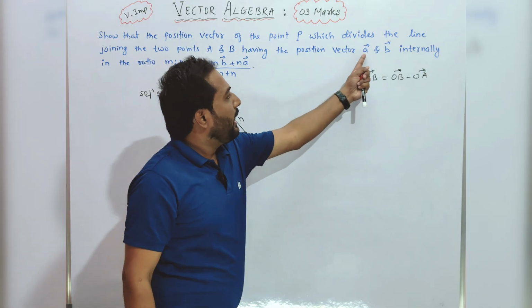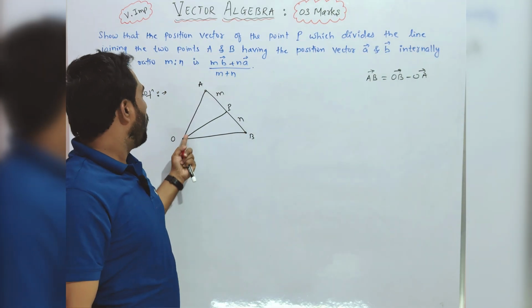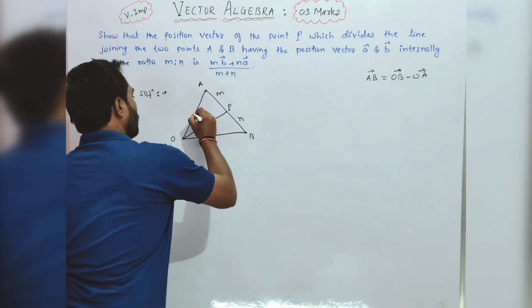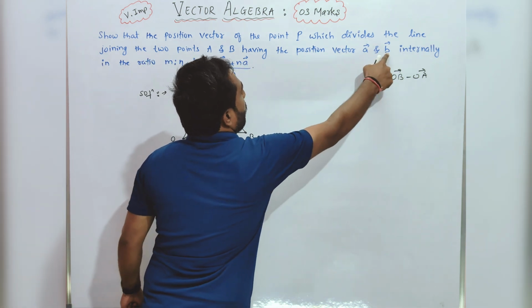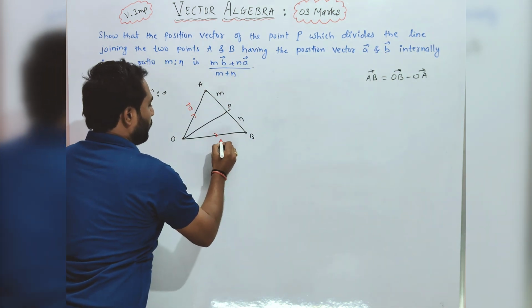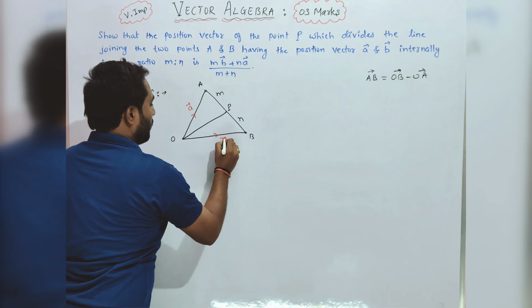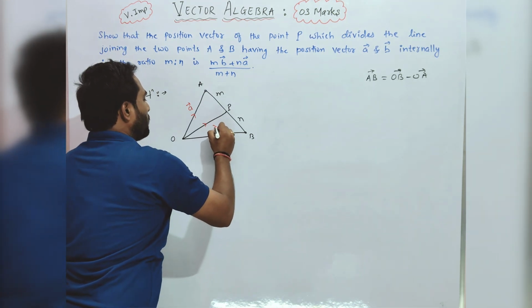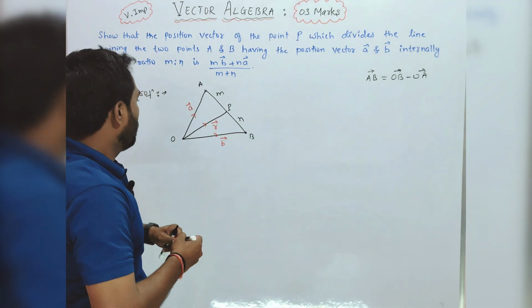He has given A and B as position vectors, so OA is vector a and OB is vector b. Generally we take the dividing point as vector r, small r.